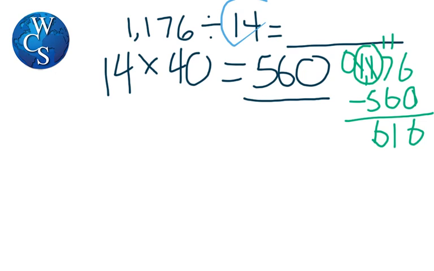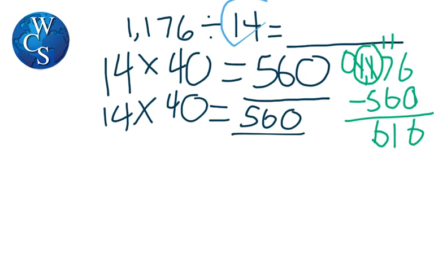So what I do next, since I can do 560 again, I do 14 times 40 again, which equals 560. Now I subtract that to 616. So I have to subtract 616 to 560.